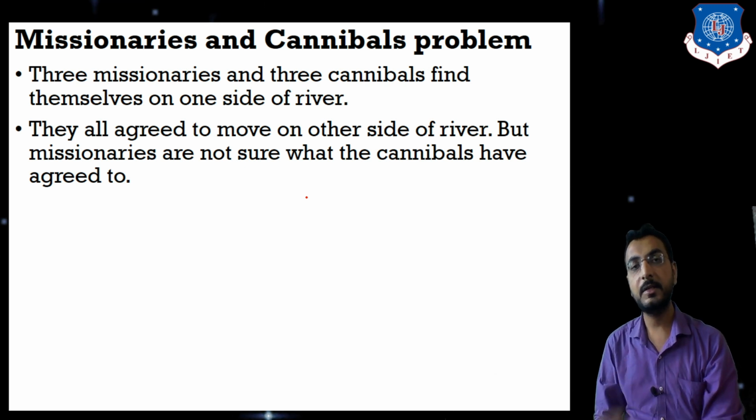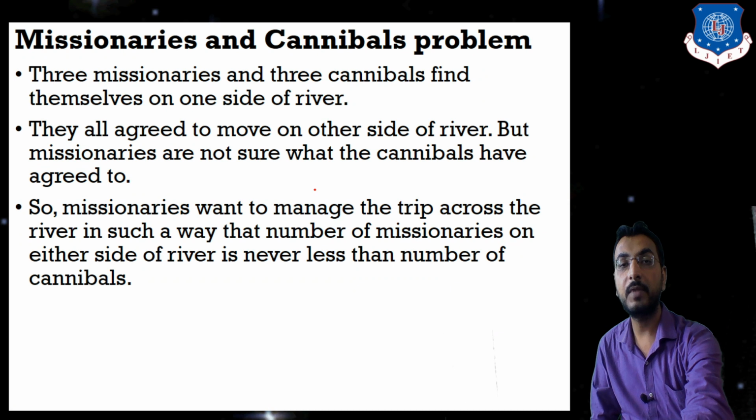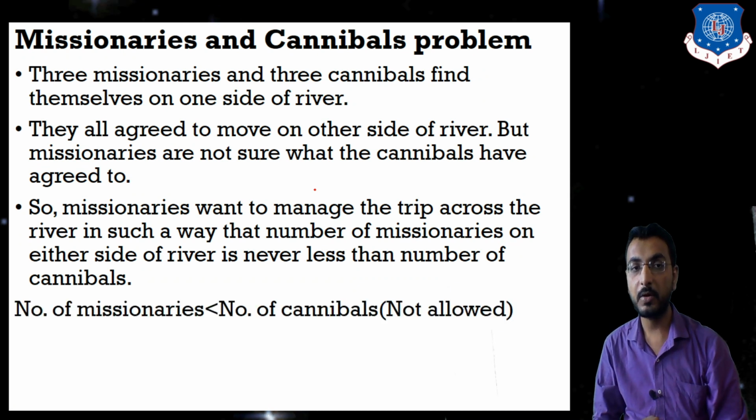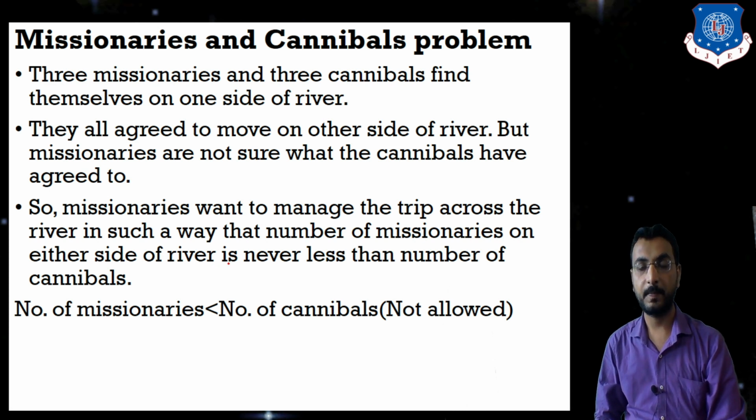So in this scenario, if on any bank of the river the missionaries are fewer than the cannibals, then it may be possible that the missionaries will be killed by the cannibals. So the missionaries want to manage the trip across the river in such a way that the number of missionaries on either side of the river is never less than the number of cannibals. This scenario, where the number of missionaries is less than the number of cannibals, will not be allowed.